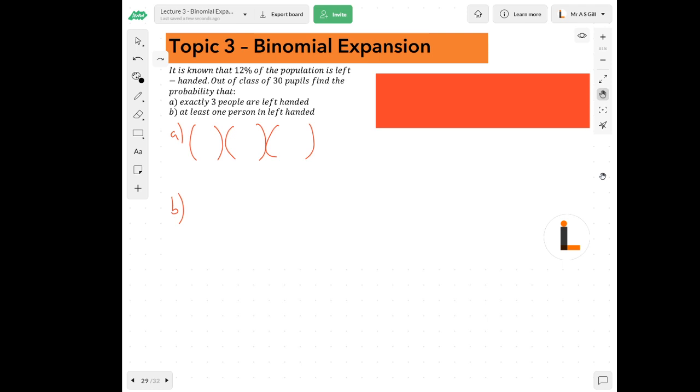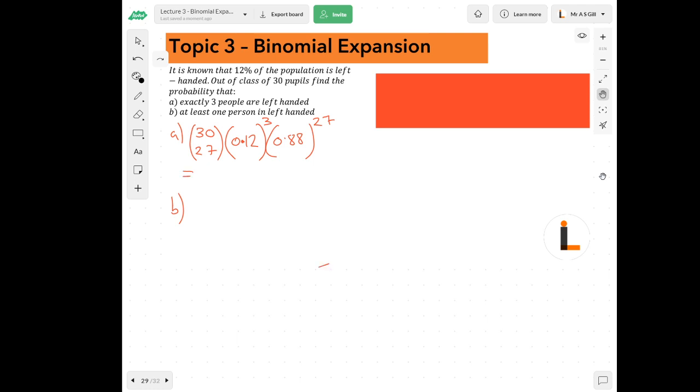So we should have that there are 30 possible options. The probability of success is 0.12, and this is going to occur 3 times. Let's make that clear, 3 times, which therefore means the probability of failure is 0.88, and this will occur 27 times. Which means that this is going to be 30 choose 27 down here, or choose 3, again, it doesn't matter.